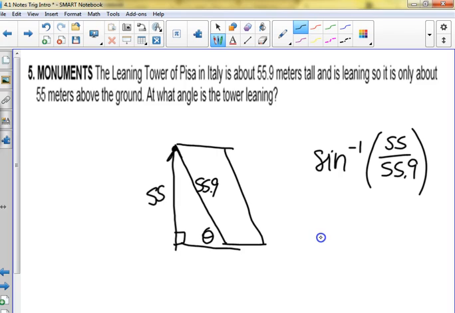Anybody got an angle for me? 79.7. Seems pretty tilty, huh? This is 90. 60's over here, somewhere in here. Okay.